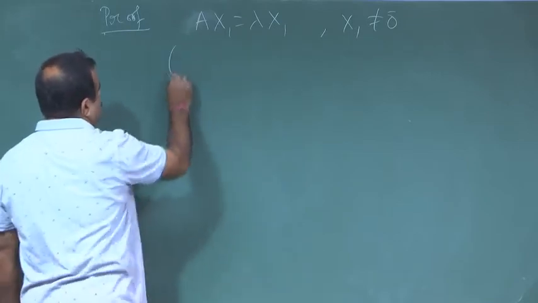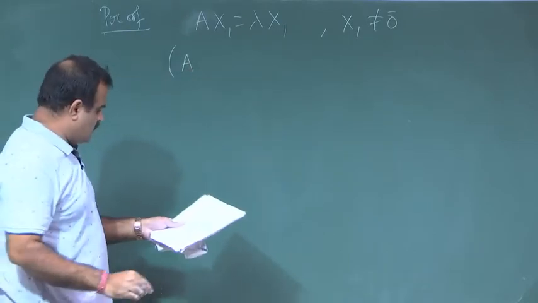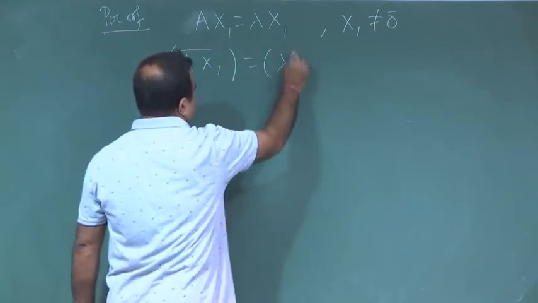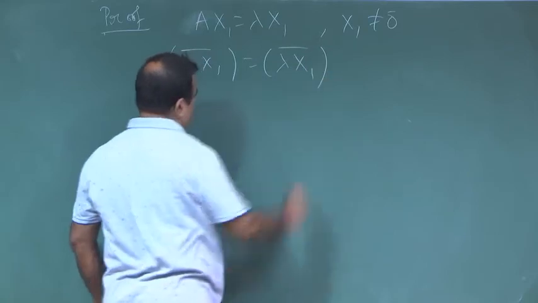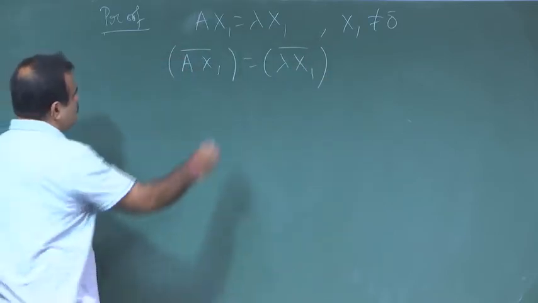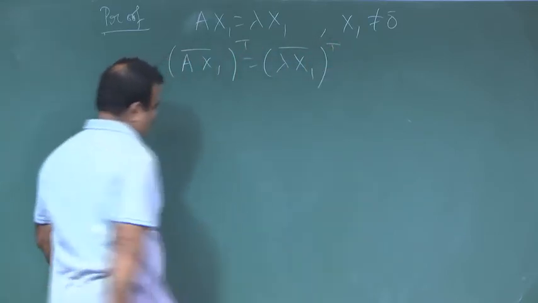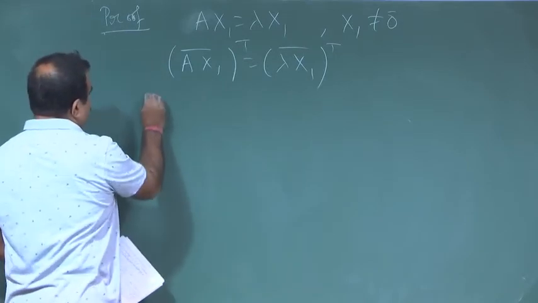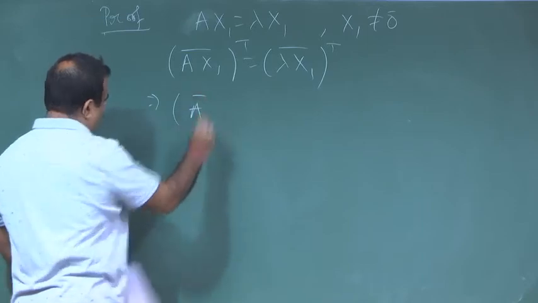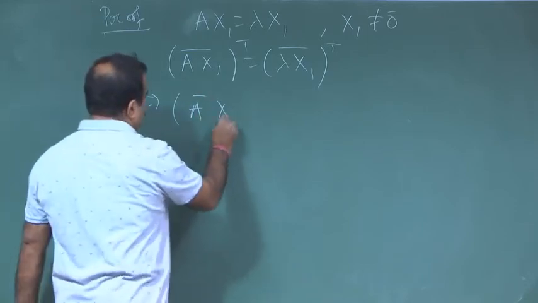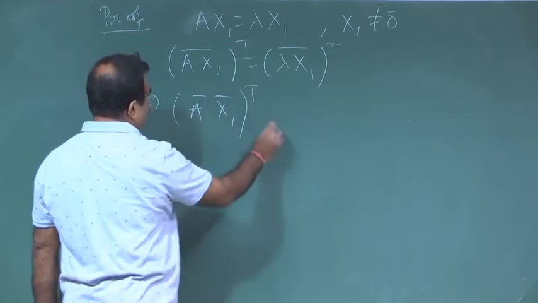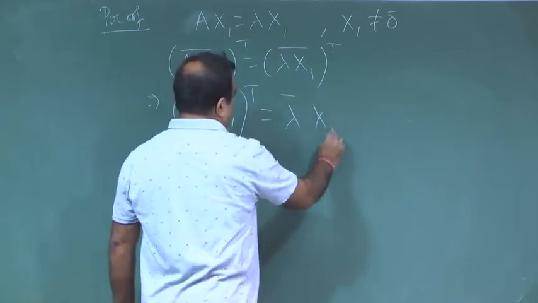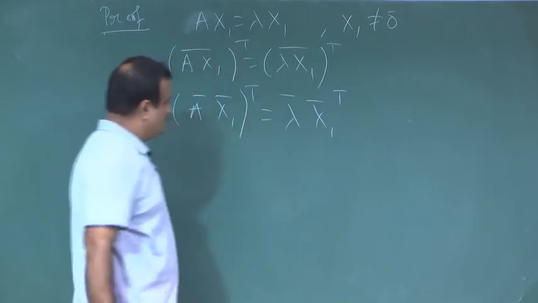We take the transpose of this. Now, before the transpose, we take the conjugate. So, conjugate must be the same, and then we take the transpose. So, if we take the conjugate, then it is nothing but A conjugate x 1 conjugate, then transpose, equal to lambda conjugate x 1 conjugate transpose. Lambda is a scalar quantity.